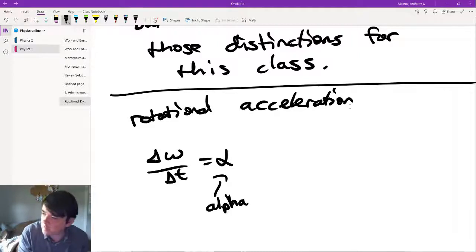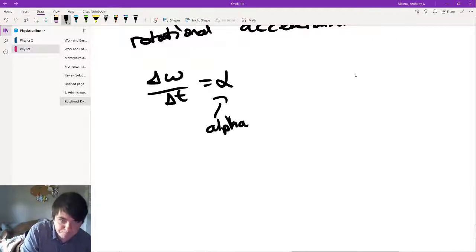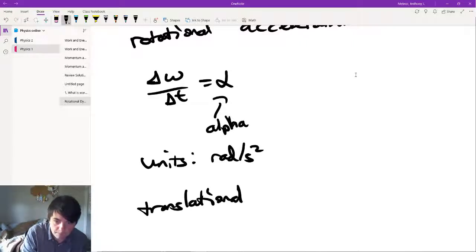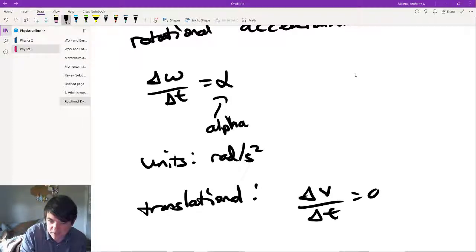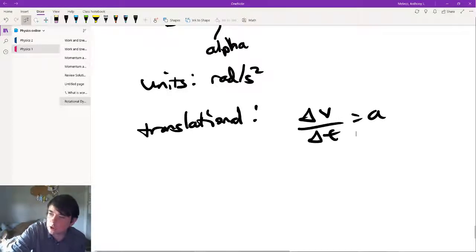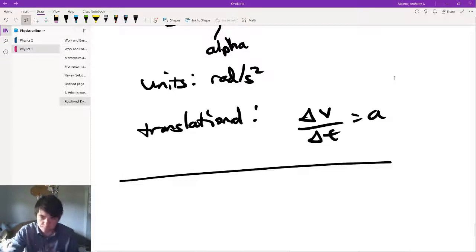But here it's used for rotational acceleration. The units are radians per second squared, okay? And the translational analog for this would be delta velocity over delta time equals a. Okay, so very, very similar definitions here.